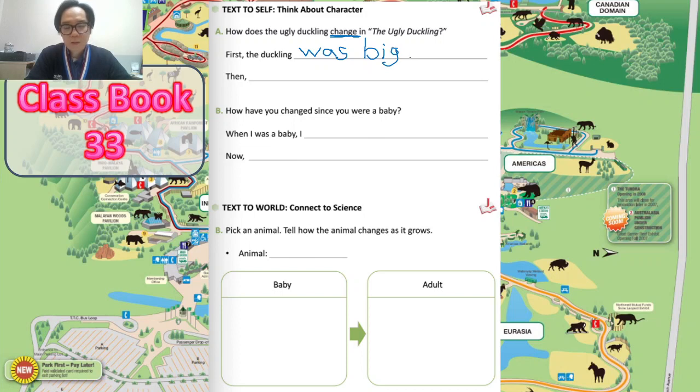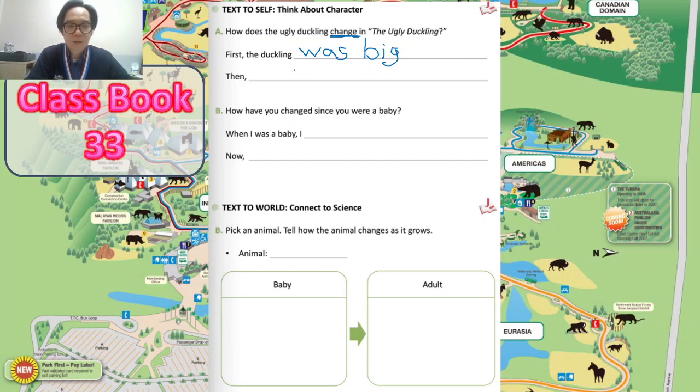Big. Just big? What's that? His color? What was his color before? It was gray. But will we say was big gray? First, the duckling was big gray? No. Big is his size, and gray is his color. So what word do we need to use to put them together? To put them together, we need to use the word and.